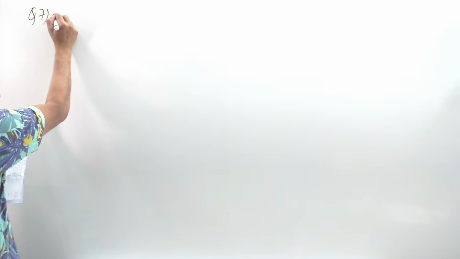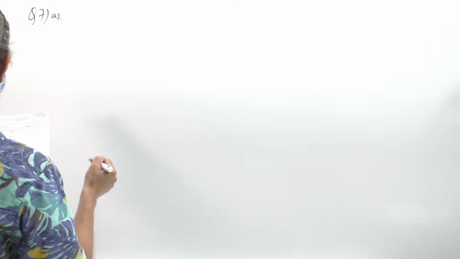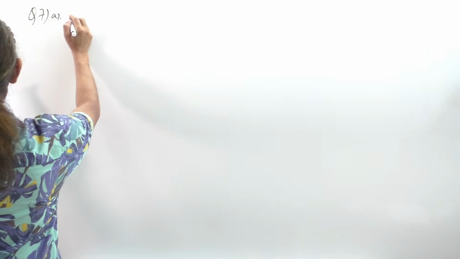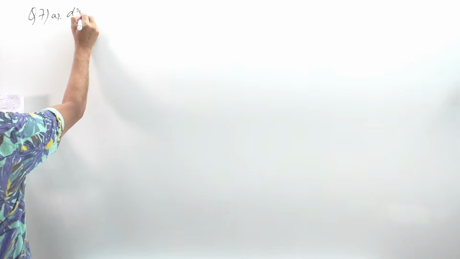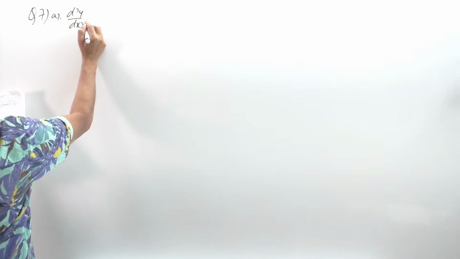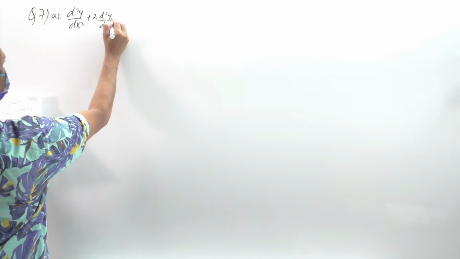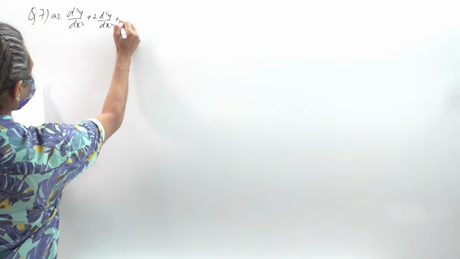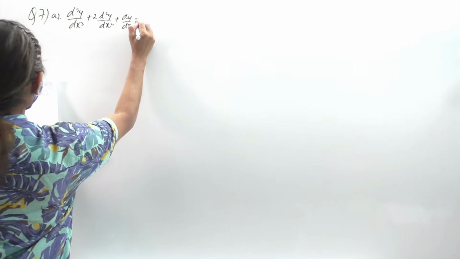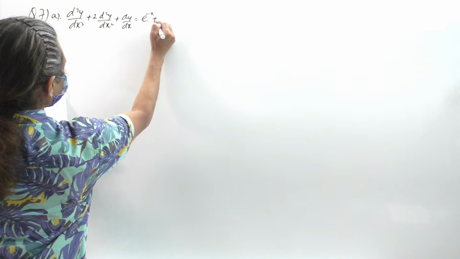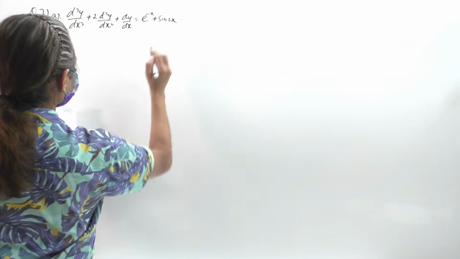So module 4, question number 7a. Solve it says okay, d³y by dx³ plus 2d²y by dx² plus dy by dx equals e raised to minus x plus sine of 2x.